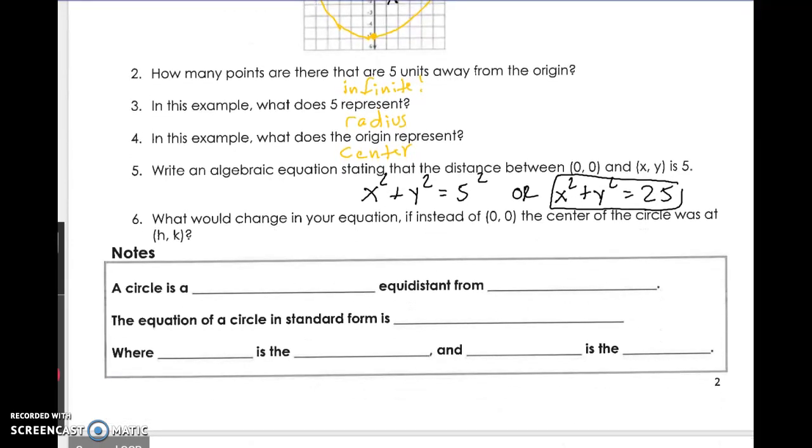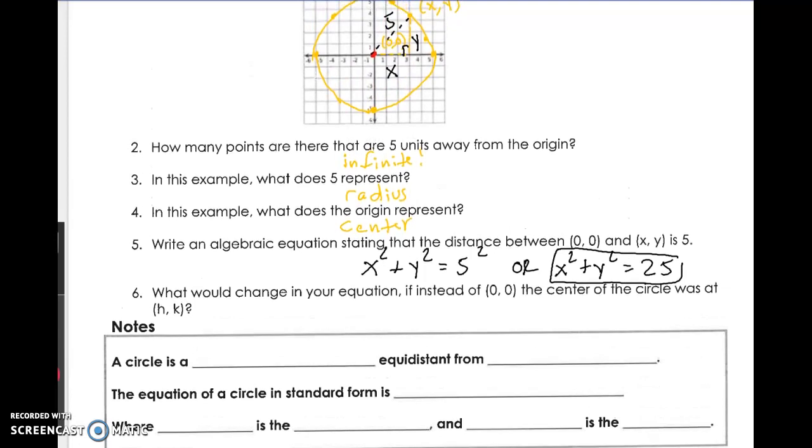Now, what gets interesting is what happens if we were to not use 0, 0. What if we were to use h, k instead? So we'll do this kind of from two different perspectives. First, just say this is our point h, k, and this is our point x, y. And we're going to assume that distance is still 5 for the purpose of our example. Let's switch colors. And there's our circle.